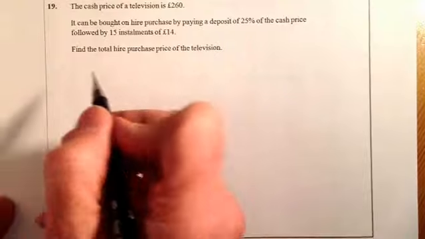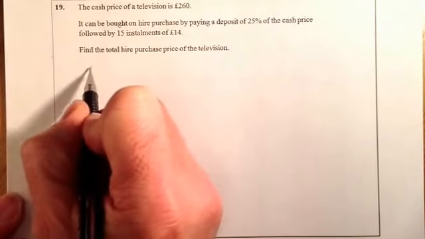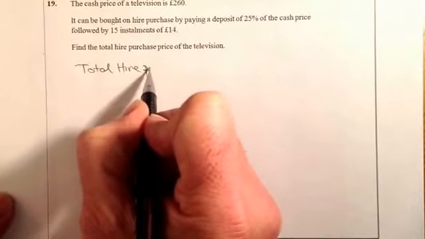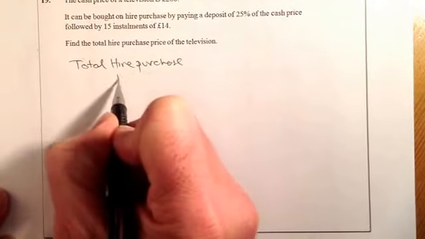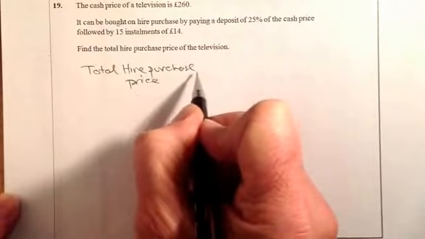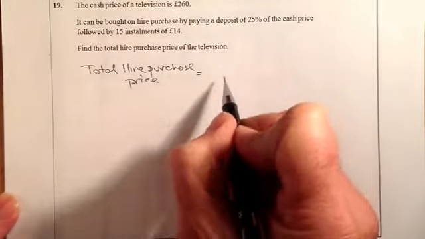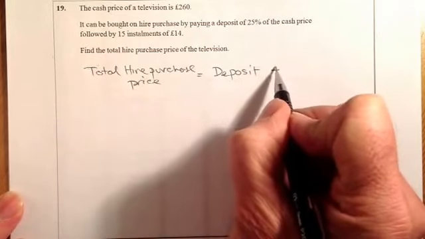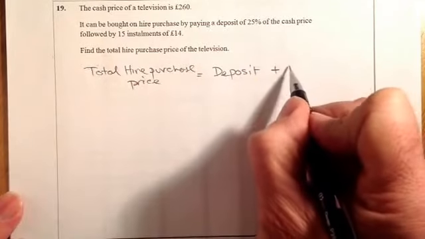Right, so what I'm going to do is go for the total hire purchase price. It's going to be equal to the deposit that I'm putting down, plus the instalment cost.